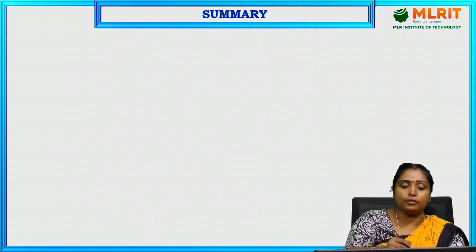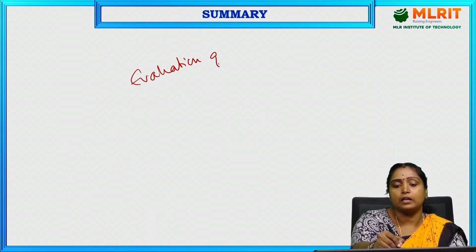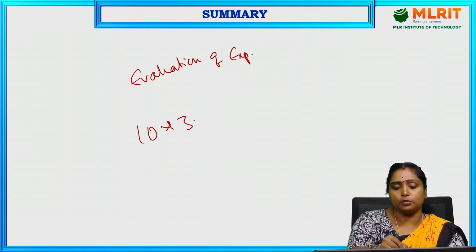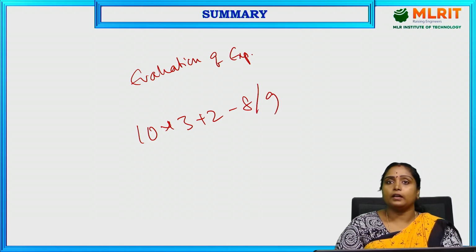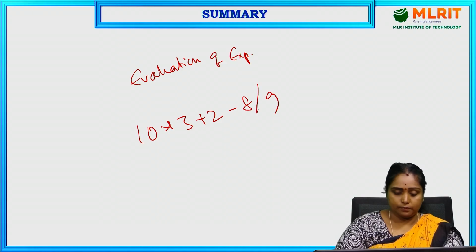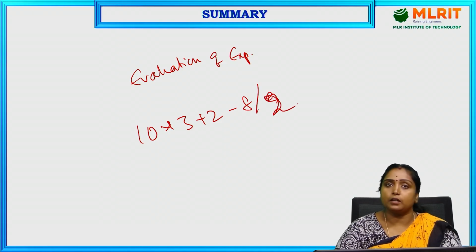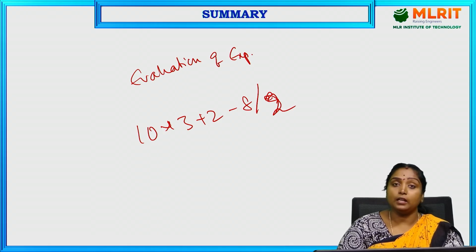And the next is we have seen the evaluation of expressions, how you are going to evaluate an expression. For example, if you have 10 into 3 plus 2 minus 8 slash 2. If this is an expression, how are we going to evaluate it?